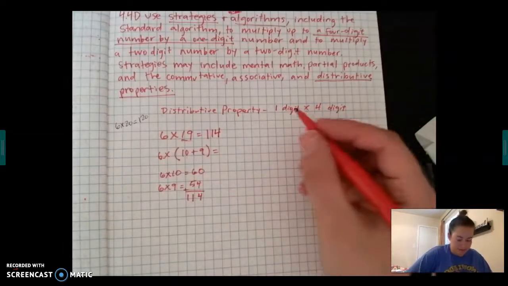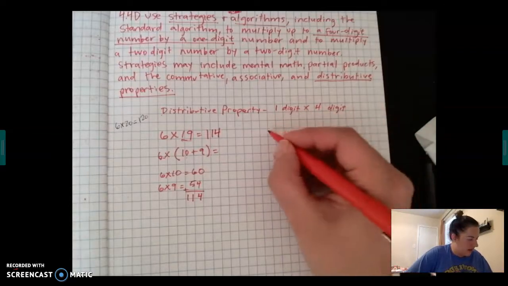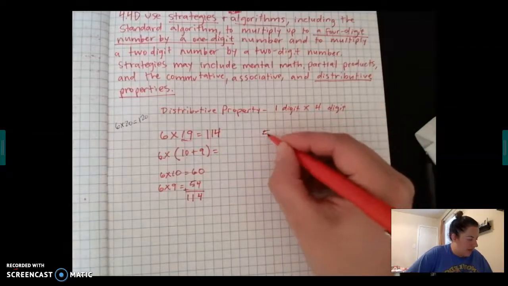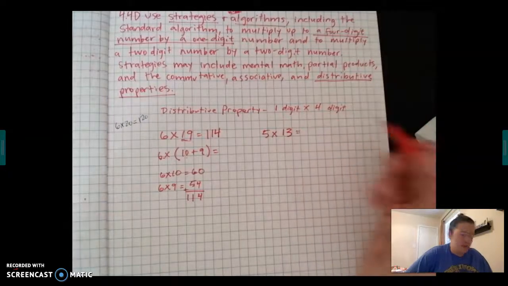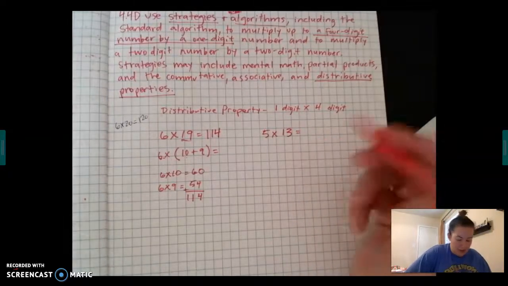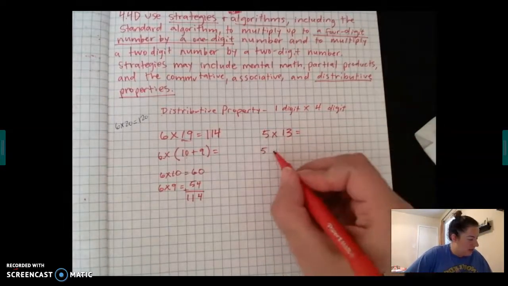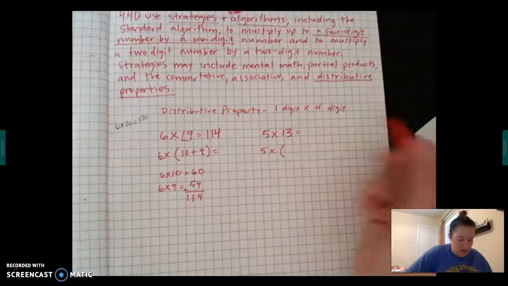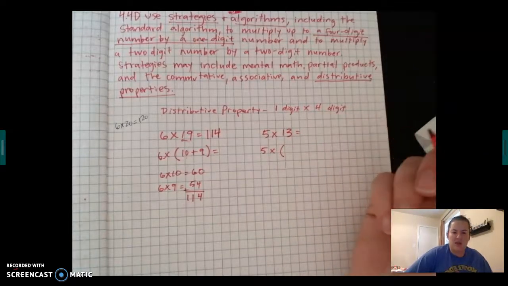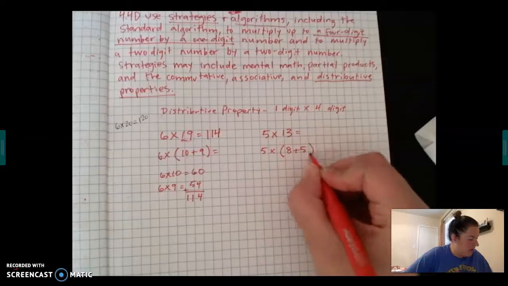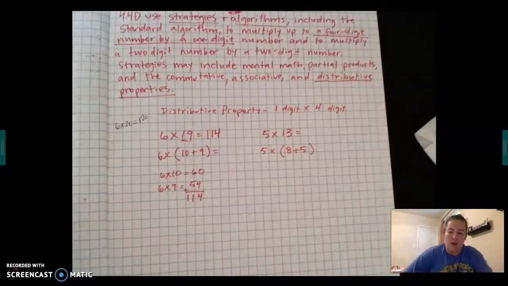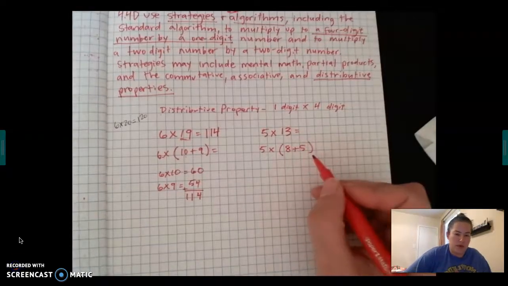Let's try another one. Let's say I have 5 times 13. I don't know my multiples of 13s, but I can break the number apart any way that I want. So I'm going to break 13 apart into 8 plus 5, because 8 plus 5 equals 13.